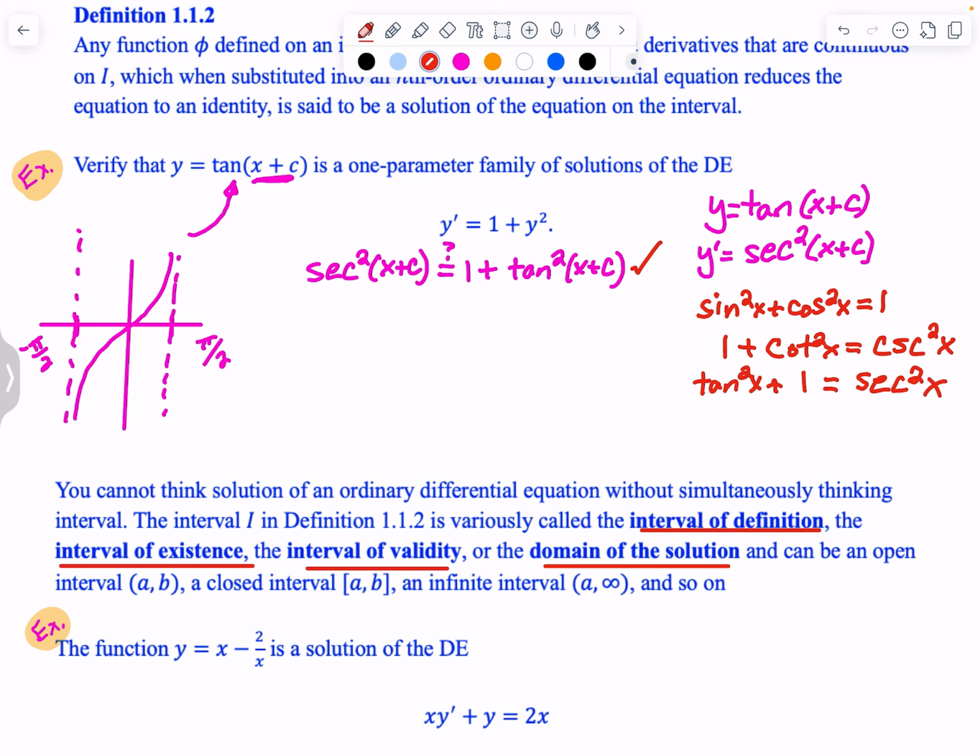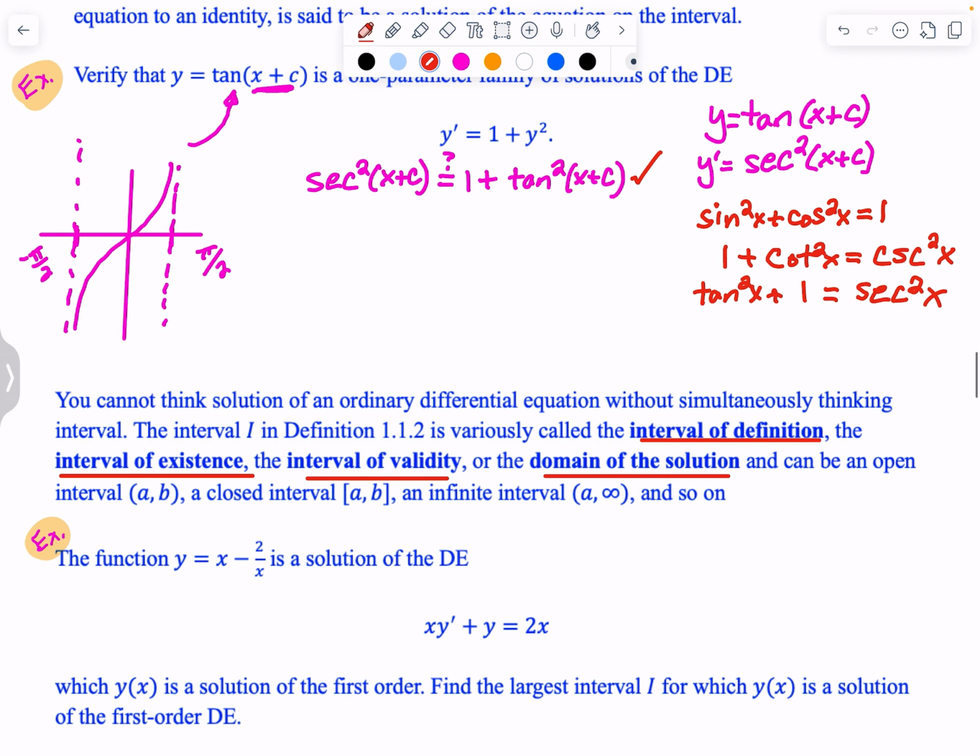They actually have different names with the application as well. It can be an open interval, meaning the open parentheses there, a closed interval, meaning inclusive, and it can also be an infinite interval. It can be as long as everything in that interval can be defined in the function.